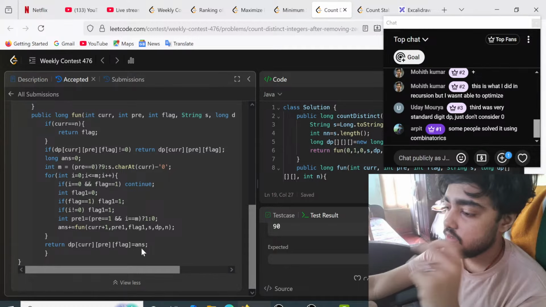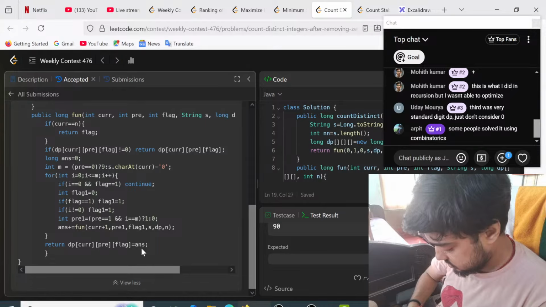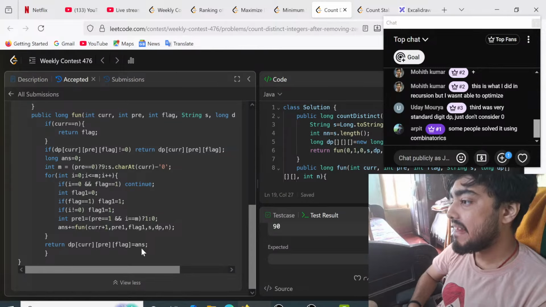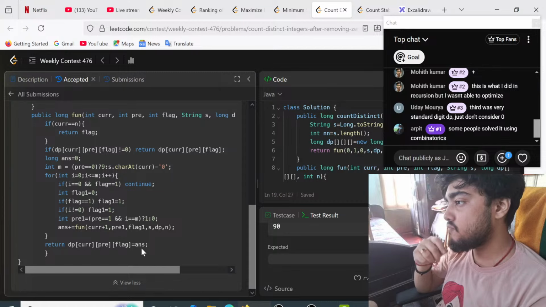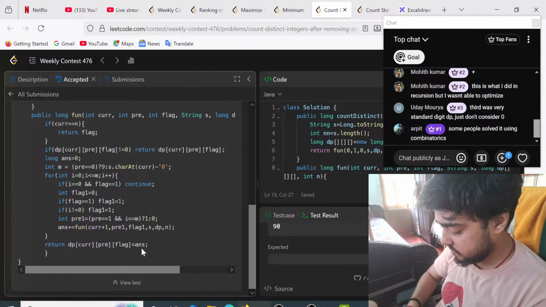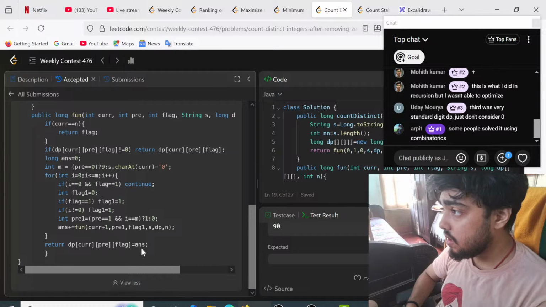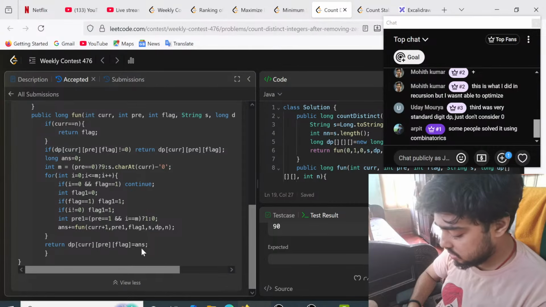Any doubt on this question? Arpit, Uday, anyone any doubt on this question?